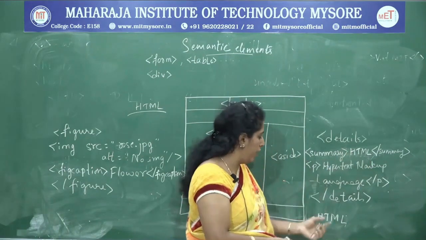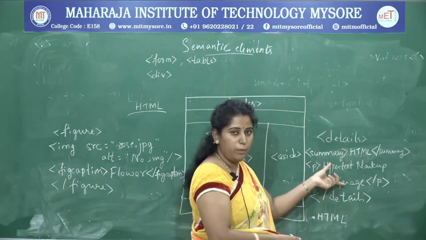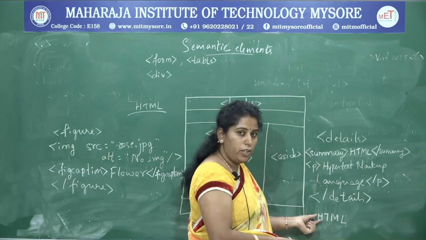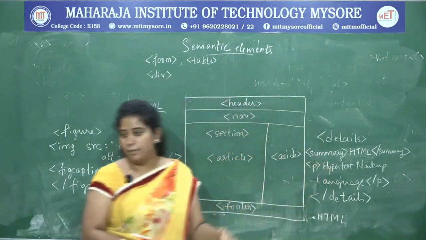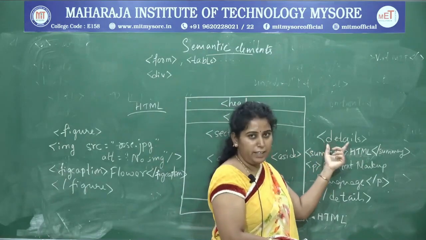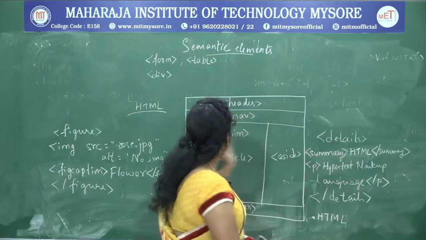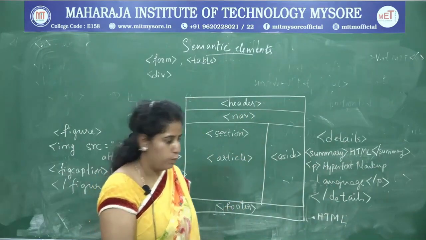This is a label. So when you click on this, the paragraph given inside that will be printed. Again, if you click on this, it will be closed. This is about summary and details. Summary represents a visible heading for the details. Okay. So this is all about semantic elements. Thank you.